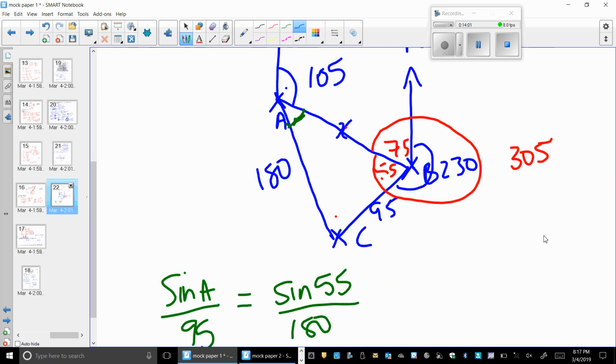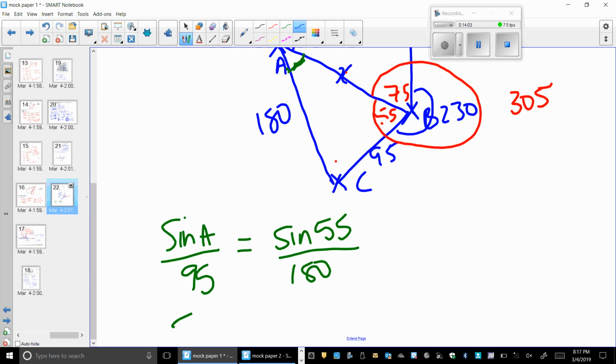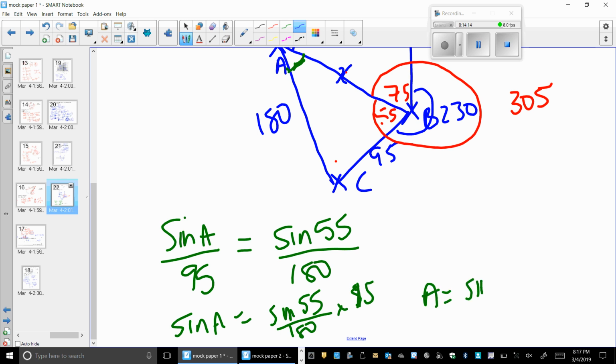That enables us to find sine of A is sine 55 over 180 multiplied by 95. And then A will be sine to the minus 1 of that answer.